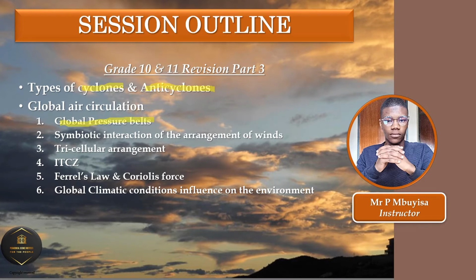We'll then look at the symbiotic interaction of the arrangement of winds, what that means, and some of the things we've discussed in the previous grades on this. We'll then look at the tri-cellular arrangement of air. Then we'll look at the intertropical convergence zone. How does it fit into the picture?